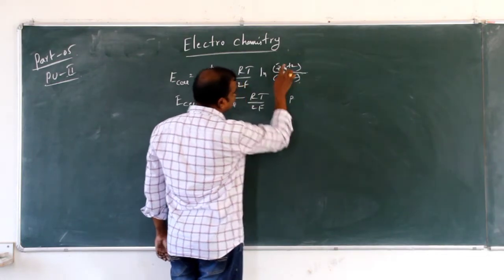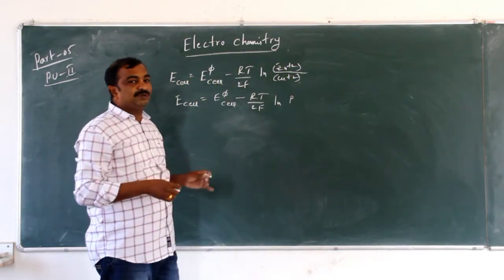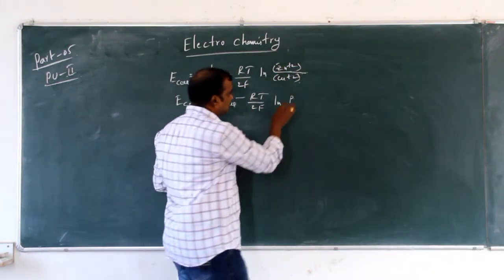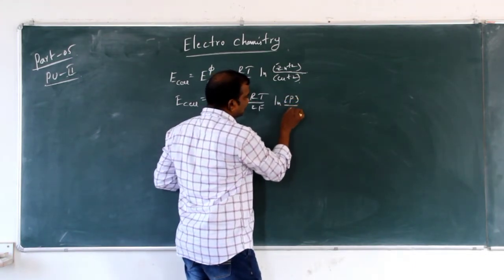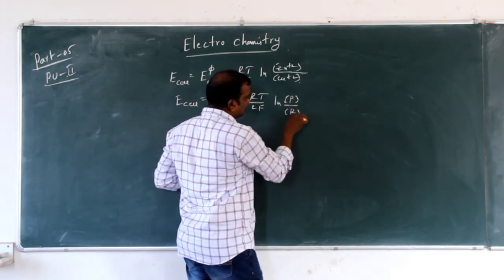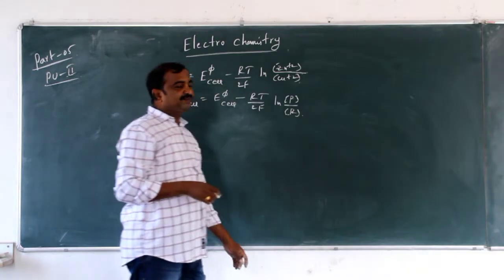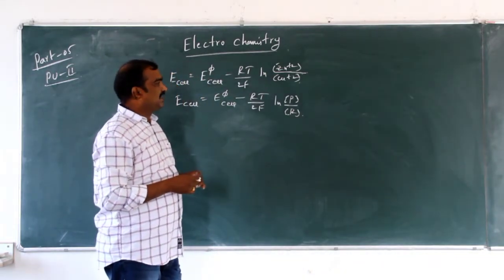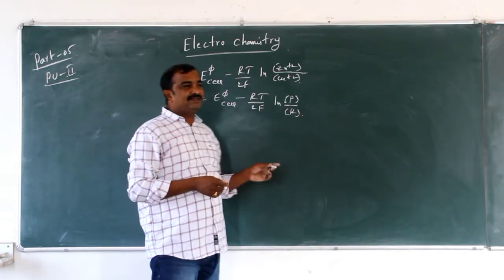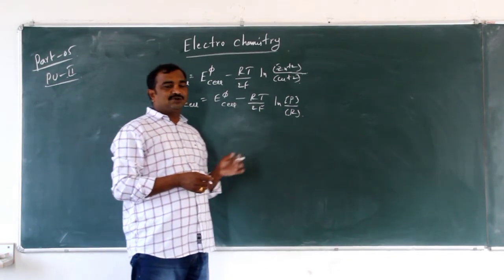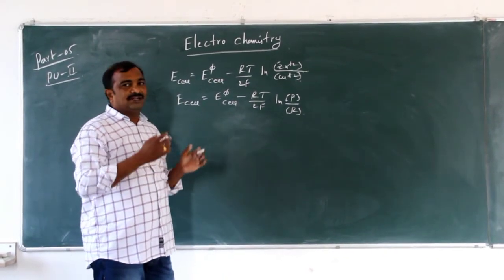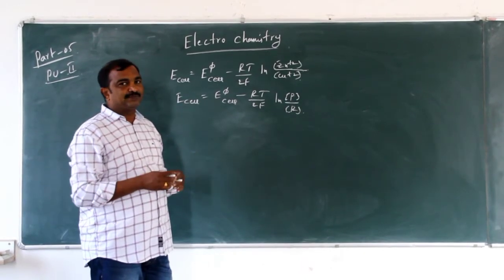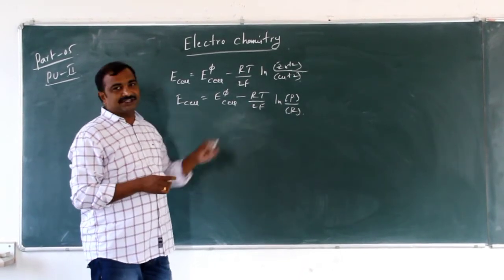Zn gives rise to Zn plus 2, that means that is the product, so products concentration by reactant concentration. This is the reactant. Ln is nothing but 2.303 into log. So that is the Nernst equation.